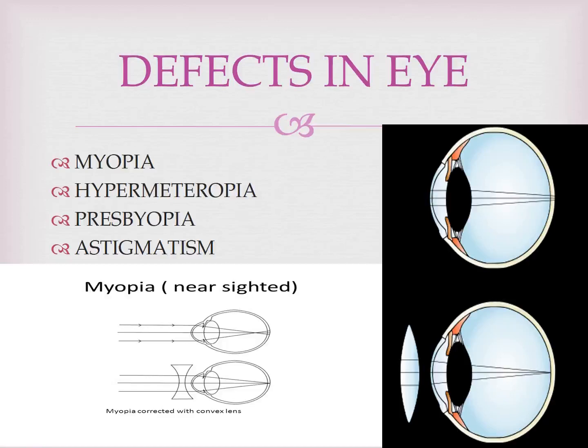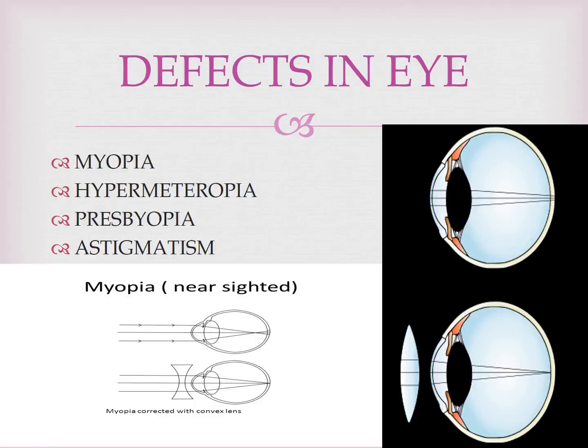First of all, let me tell you what is myopia. See in the picture, under myopia, nearsighted. Myopia is also called short-sightedness.